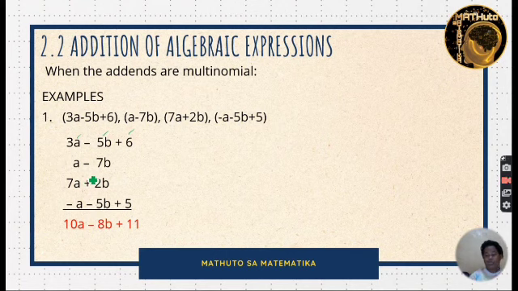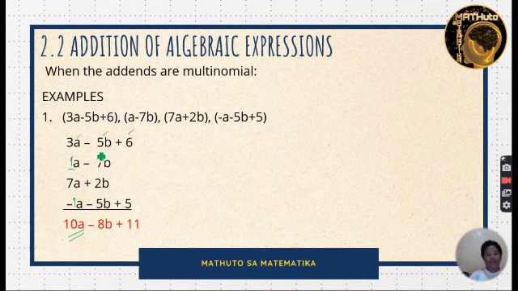All the terms with variable a, we line up. Consider that if there is no number, it has a 1. So 3 plus 1 is 4, plus 7 is 11, minus 1 is positive 10. Copy the variable.